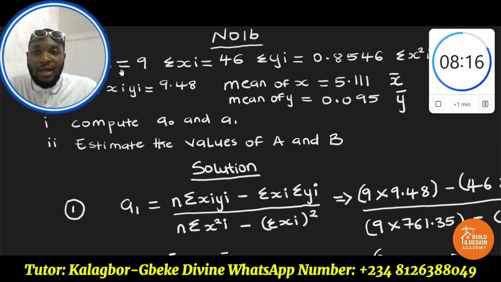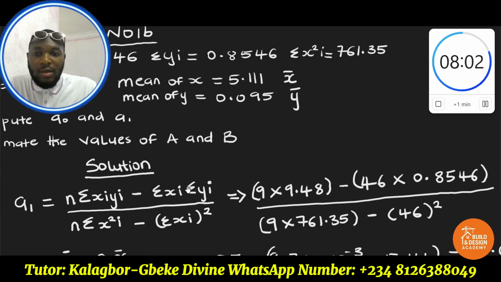Now we know that n is equal to 9 from our values here. So we put n as 9 times summation of xi yi, which is 9.48. So it will be 9 times 9.48, minus summation of xi, which is 46, times summation of yi, 0.8546, all over n, which is 9, times summation of xi square, which is 761.35.